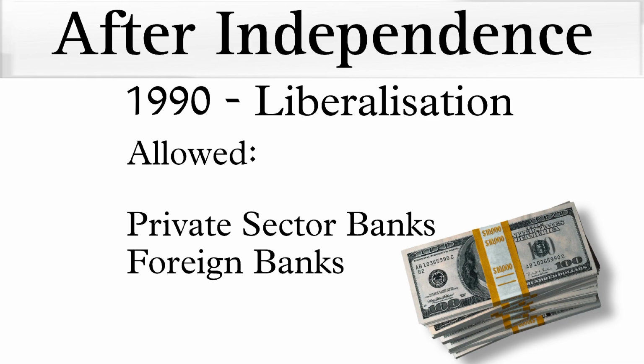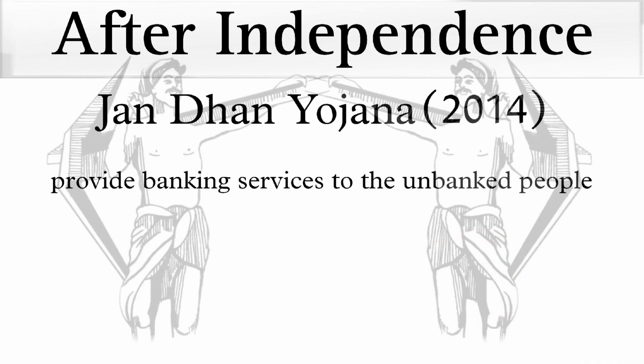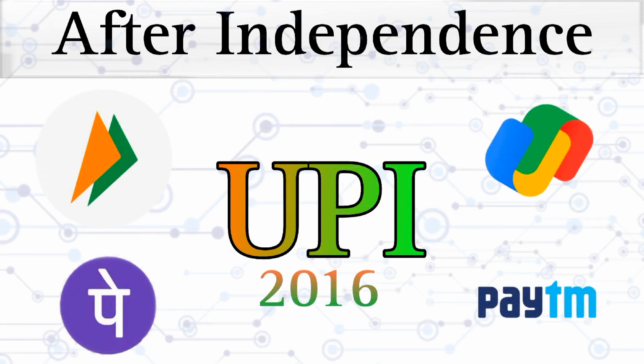The introduction of technology has revolutionized the way banks operate, and the digital banking ecosystem has grown exponentially. The RBI has taken several initiatives to promote financial inclusion and digital banking. The Jan Dhan Yojana, launched in 2014, aimed to provide banking services to the unbanked population. The Unified Payment Interface, UPI, launched in 2016, has made digital payments easy and accessible for all.